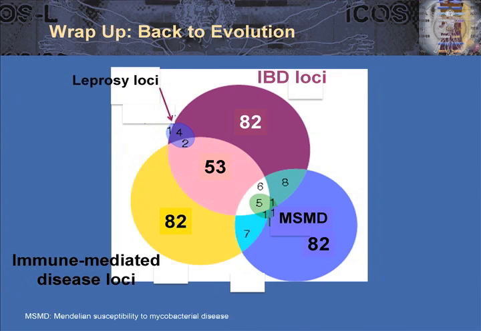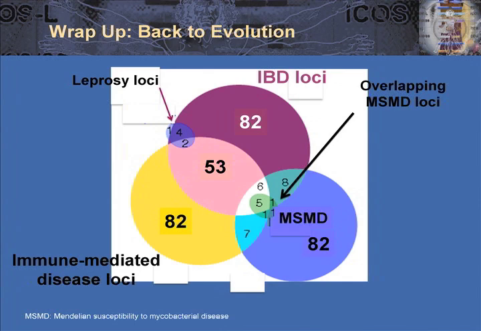There are several loci shared amongst patients with IBD and other immune-mediated diseases that actually confer susceptibility to the development of systemic leprosy, which is an intracellular Th1 type infection with the bacteria Mycobacteria leprae.